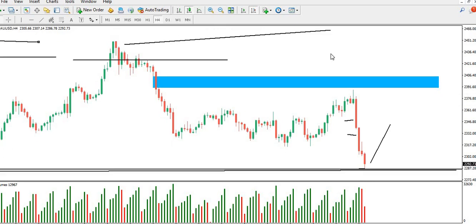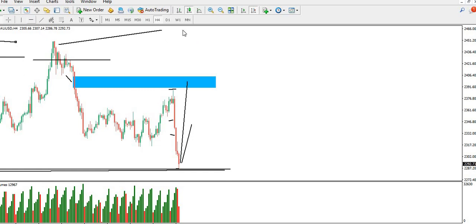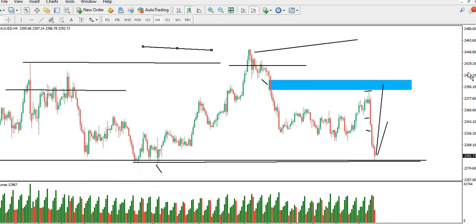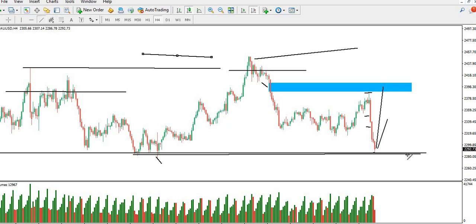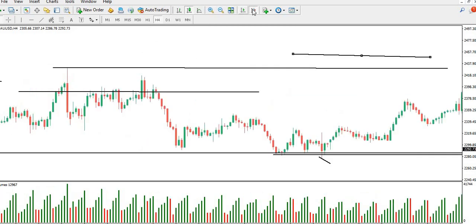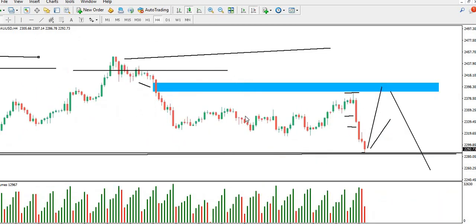Even though our bias is bearish on the market, we can still anticipate that the market can move to the upside to take liquidity from this high, and fill this gap, and later it can also happen that after filling that gap, the market continues its move to the downside. So anything can happen, but our bias is bearish on gold, AUD USD, EUR USD and GBP USD.